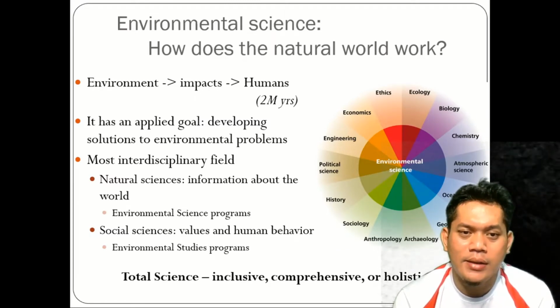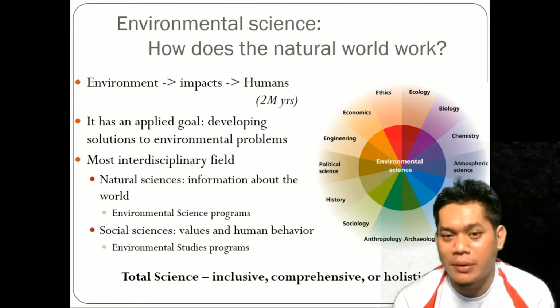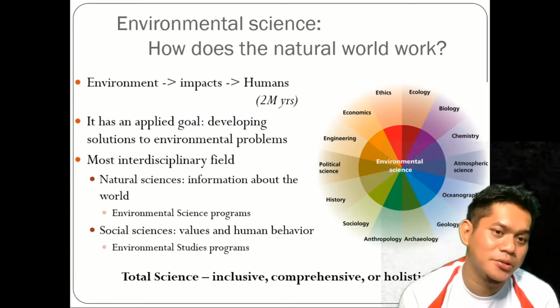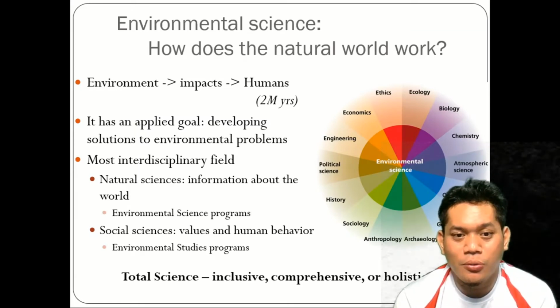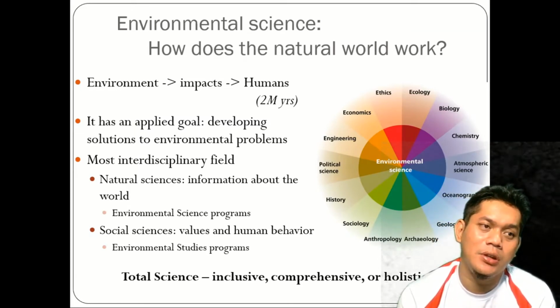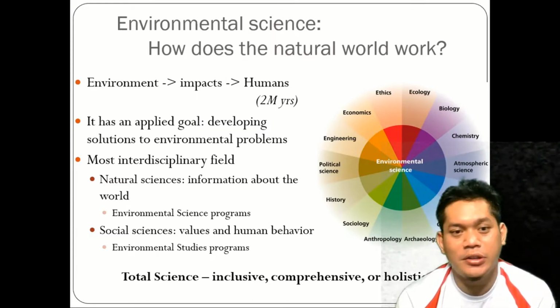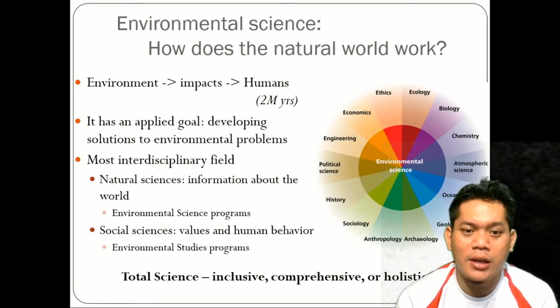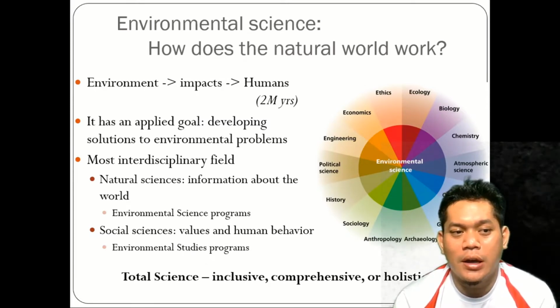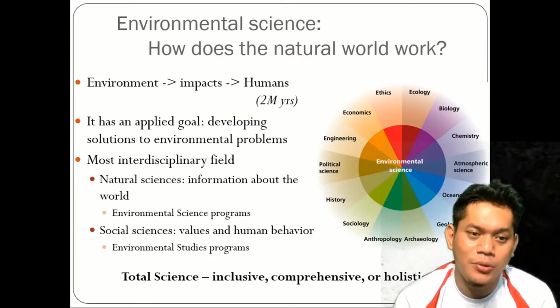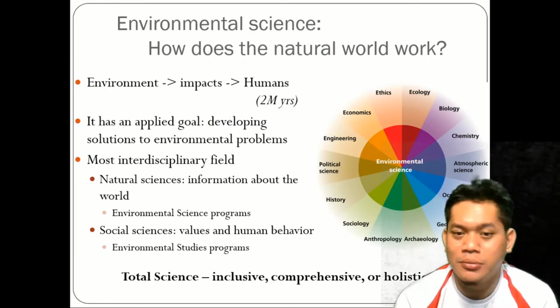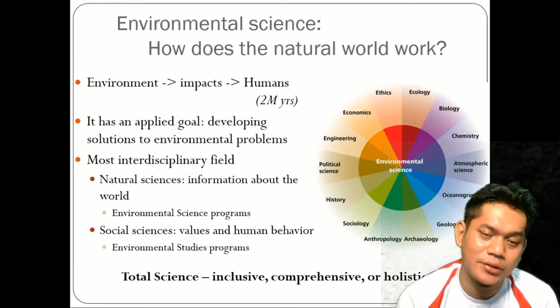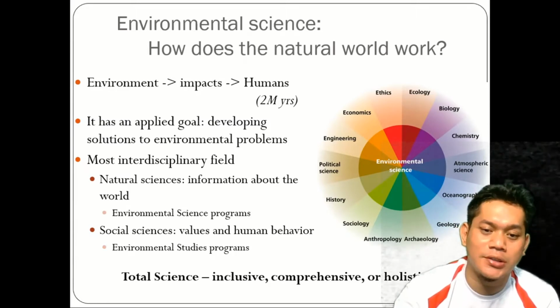The idea is to develop solutions for environmental problems, and it is a highly interdisciplinary field. One of it is how we use GIS to collect information about the world, and also how we map and plot human behavior, values and more, which is the social science.